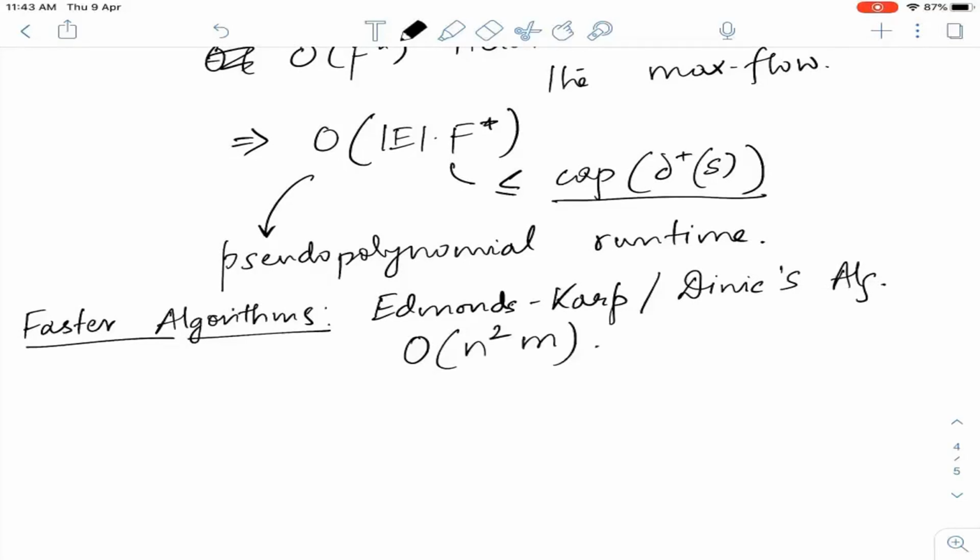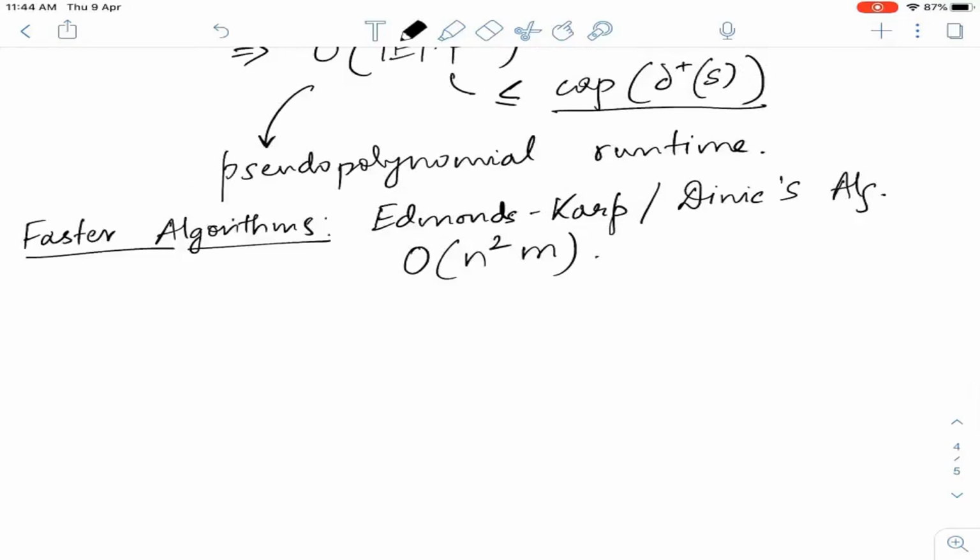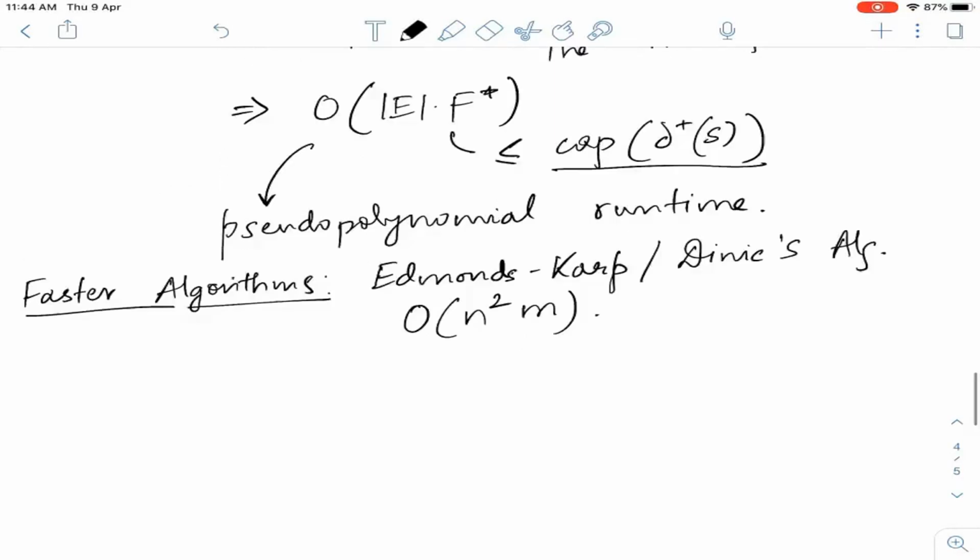So this is still not great. N square m is much worse than what we get for Dijkstra or, let's say, Kruskal's algorithm for finding spanning trees. But flow is a more difficult problem, so we have to live with it. There are even faster algorithms. I don't want to go into them, but the point is we also have strongly polynomial algorithms. But in practice, it's often found that this simple Ford-Fulkerson implementation really gives you the best answer.